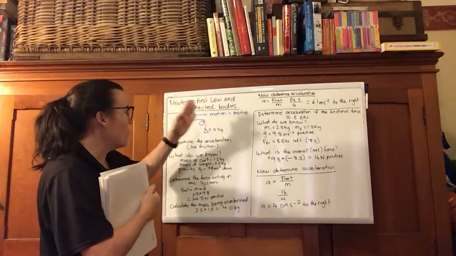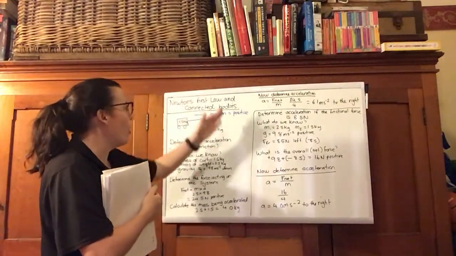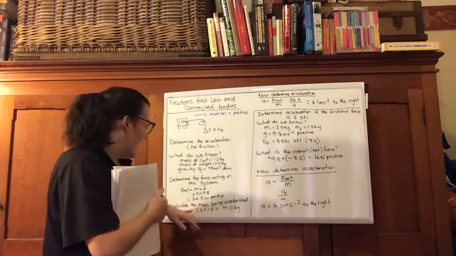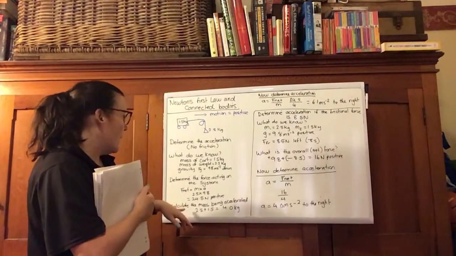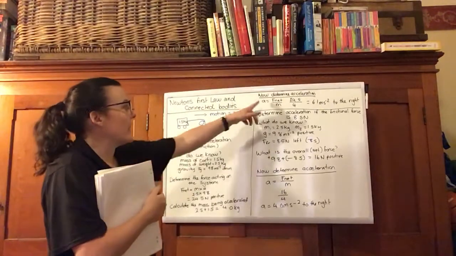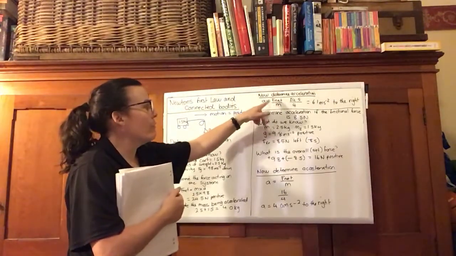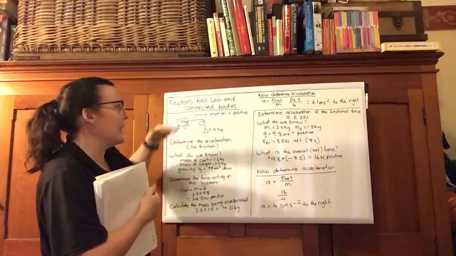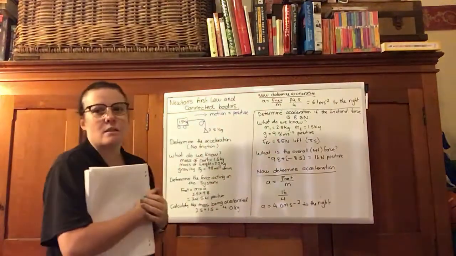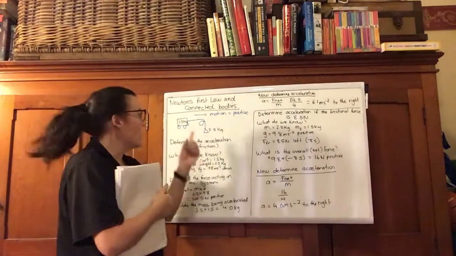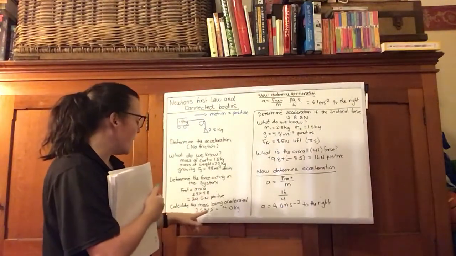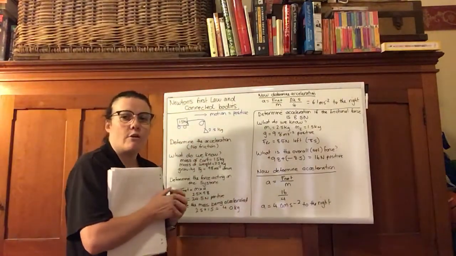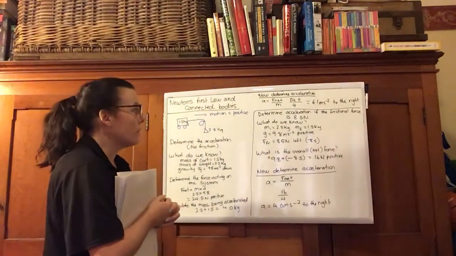Alright, now we need to think about the acceleration of the whole, so the acceleration of the cart. And we know that our formula, we're going to need, acceleration is equal to the force divided by the mass. So because we're bringing the cart into it, we need the mass of the two objects. So we've got the mass of the cart plus the mass of the weight, and that will give us a total mass of 4 kilograms.